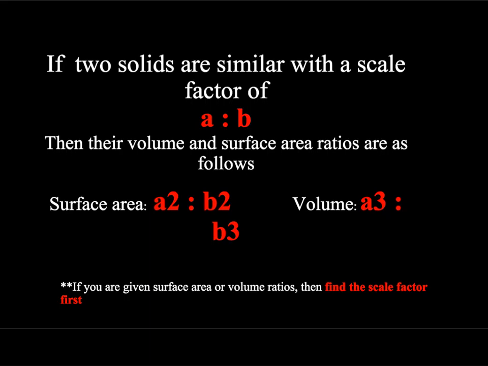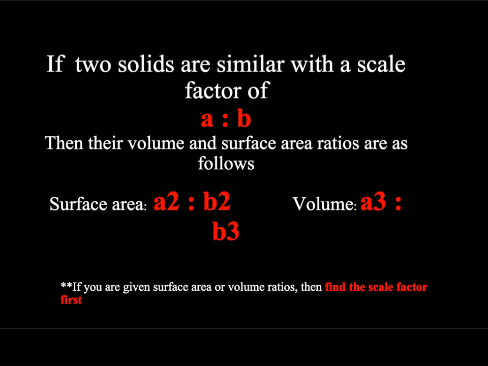So we just did a lot of practicing on finding the scale factor. What we're going to do now is build on finding the scale factor, and be able to find the volume and the surface area using ratios. So here, the surface area looks a little different.